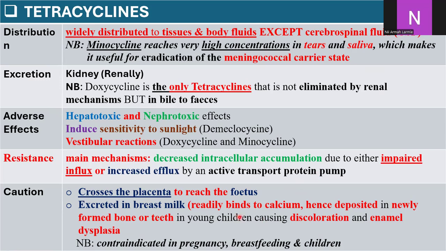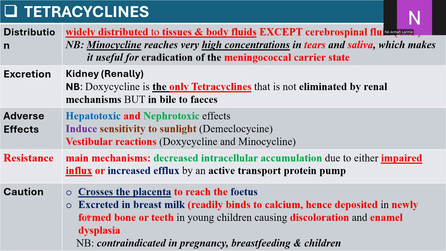And once they bind to calcium, the tissues in the body that use calcium, like when the teeth are being formed or when bones are being formed, all these require calcium. Tetracyclines are known to bind to that. For breastfeeding children, where the drug can be found in the breast milk, it binds to these and sometimes can cause discoloration of the teeth of the children. And interestingly, this can be a lifelong problem.